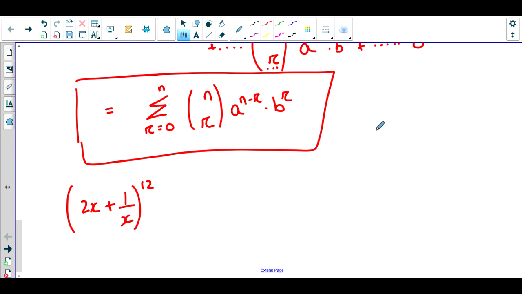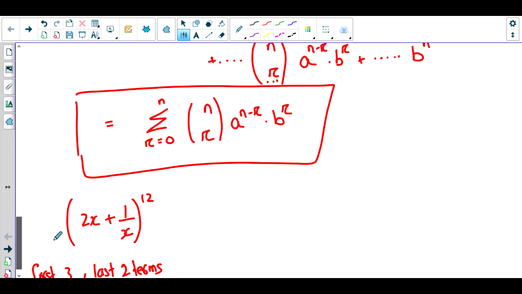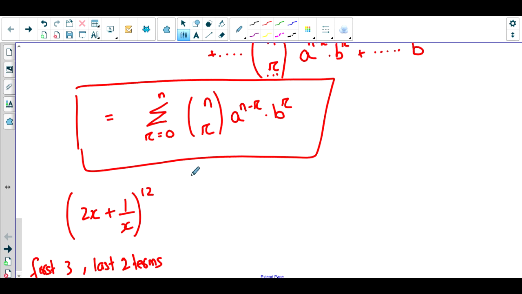Let's say the question says that this is the expression, find the first 3 and last 2 terms of this expression. We want to solve it. Instead of doing all that work, we can simply use the expansion to our advantage.